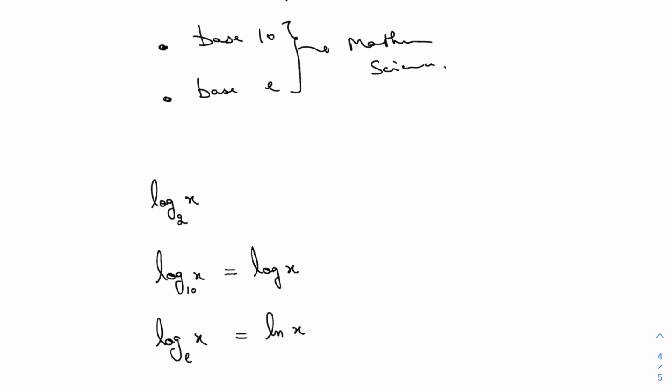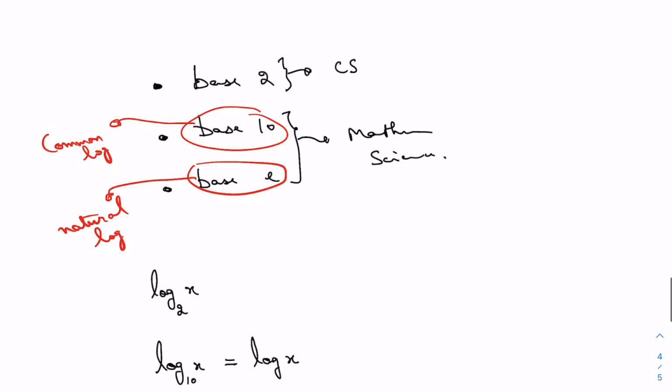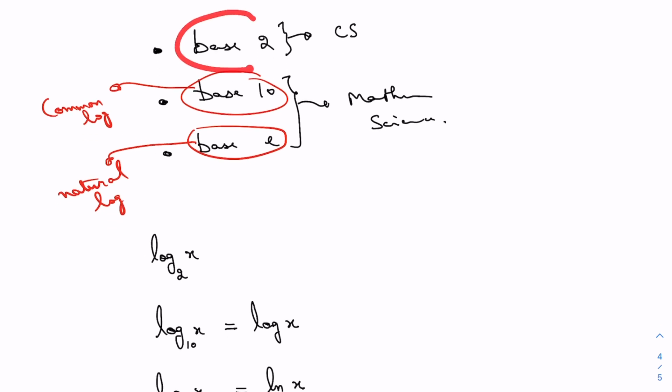This ln comes from natural. So let me point it out here. The logs with base 10 are called common logs. The function is called common log, and the one with base E, that function is called natural log. And we can also call the base 2 one binary log.